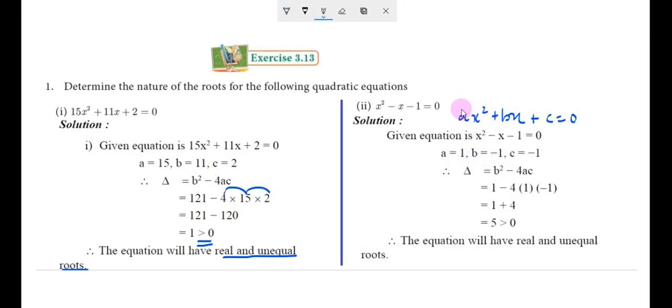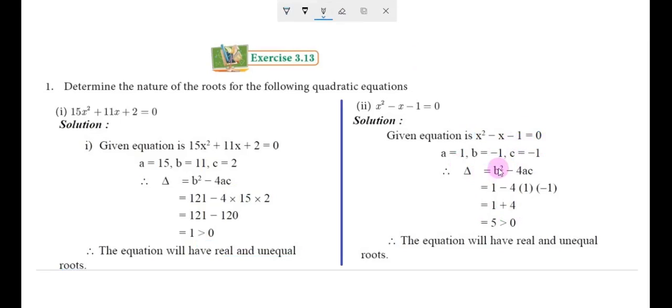X square coefficient, here we have a; nothing is written, so take it as 1. So a equal to 1. Understood? Next, x coefficient b, here it is minus 1. Next, constant term c, here the constant term is minus 1, so c equal to minus 1.